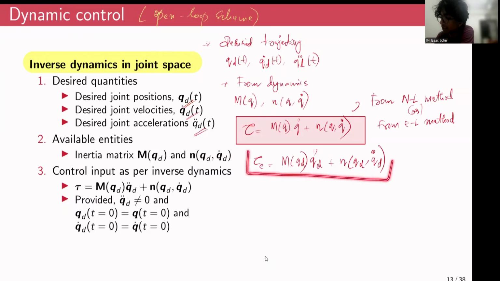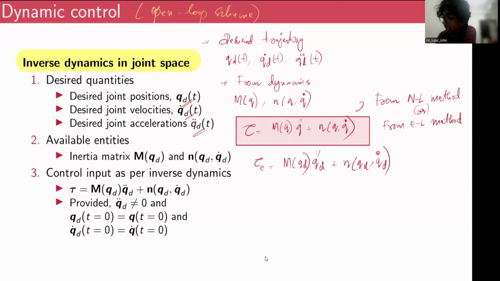You can see there is no feedback term, there is no term coming from the sensors. So in that regard, the inverse dynamics scheme is a purely open loop scheme, right? For a given trajectory, we are trying to find out the torque, and this process is nothing but inverse dynamics, from what we have seen earlier.